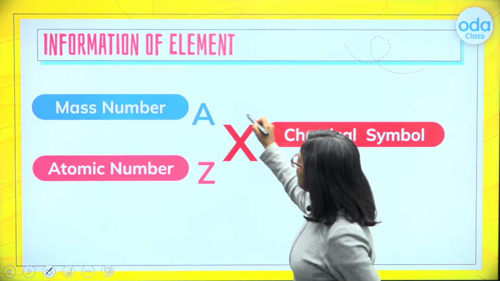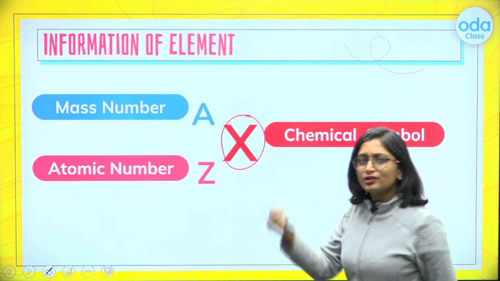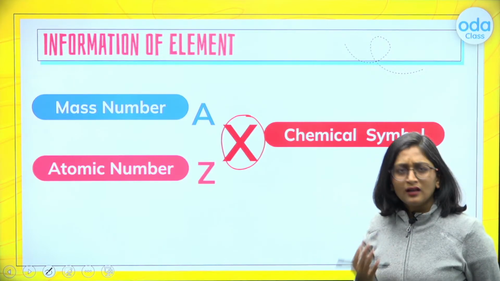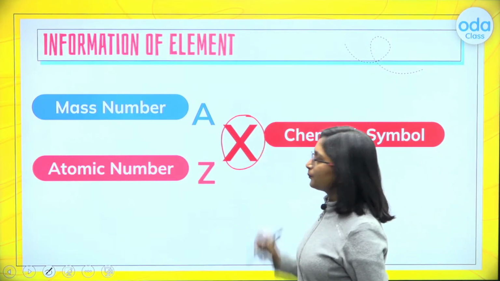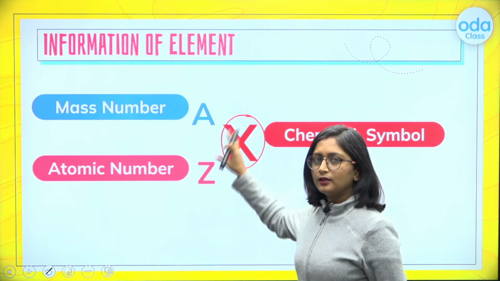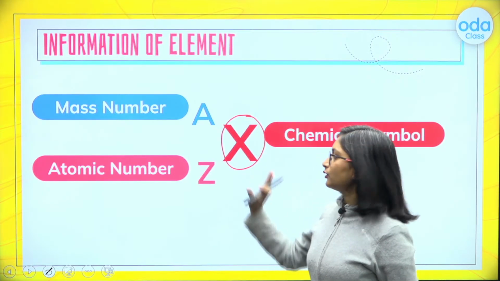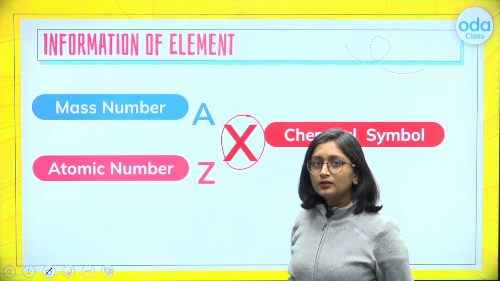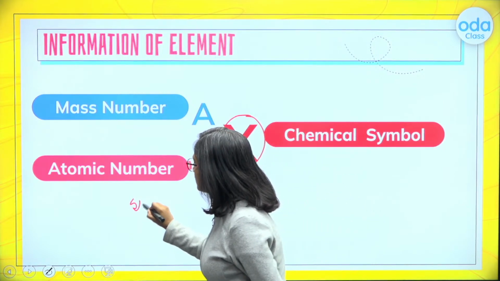So you can see that this is the chemical element. Whichever element you want, oxygen, hydrogen, neon, chlorine, aluminium, natrium, anything you can take. Now suppose this is a chemical element. I have put X just for the sake that you can put anything on it. Now what would be the mass number and the atomic number? Atomic number is written in the subscript.